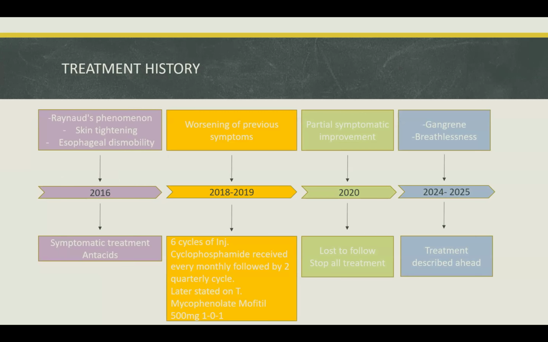No, ma'am, because at that time she did not have any internal organ involvement except GI involvement, and her GI endoscopy at that time showed a peptic stricture, for which she had undergone a procedure, upper GI scopy. Other than that, she never had dyspnea or any renal involvement.